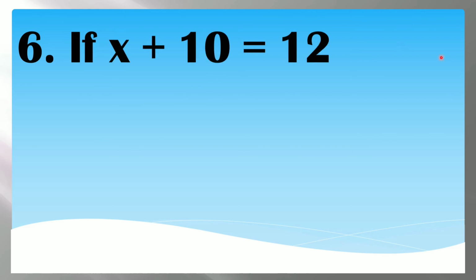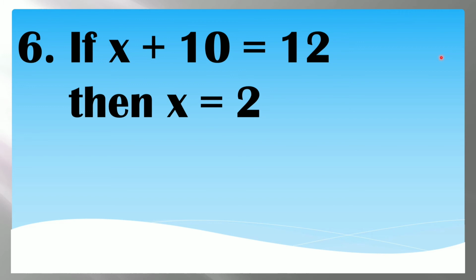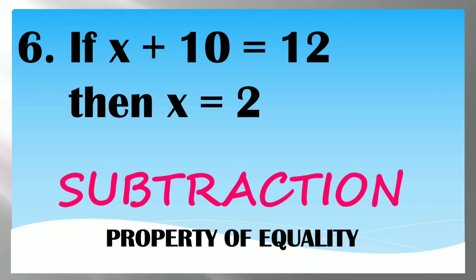Number 6: if x plus 10 equals 12, then x equals 2. How did it become x equals 2? We subtracted 10 from both sides. So it is the subtraction property of equality.